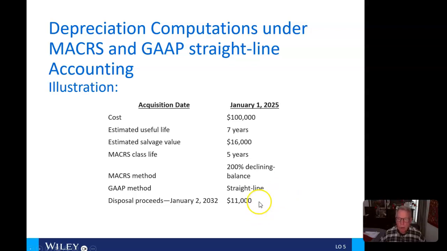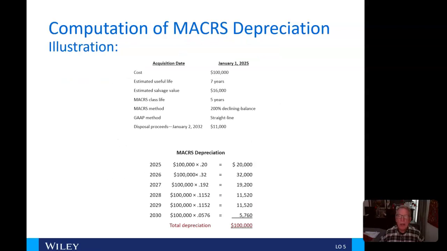And then we have disposal proceeds expected in the year 2032 of $11,000 salvage value. So if I look at this from the standpoint of MACRS depreciation, here I have my $100,000, and our total depreciation is going to be $100,000 over the life of that asset between 2025 and 2030.